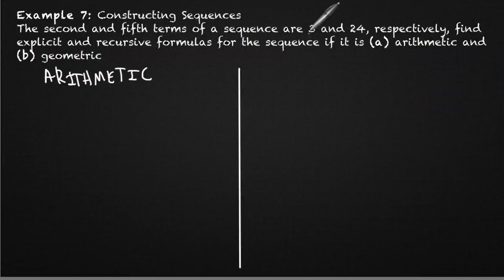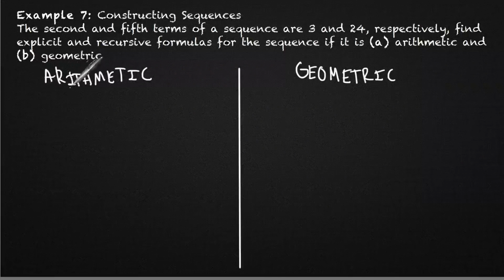That means that we are assuming that from 3 to 24, you're going to be adding the same number each time to get from the second term to the fifth term. And then over here, we're going to assume that it is geometric, which means from 3, the second term, to 24, the fifth term, we're going to have to multiply by the same number to get to 24.